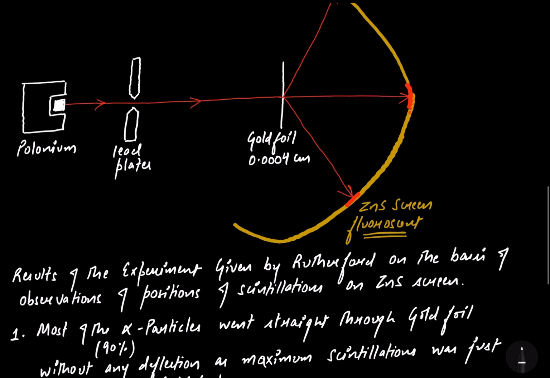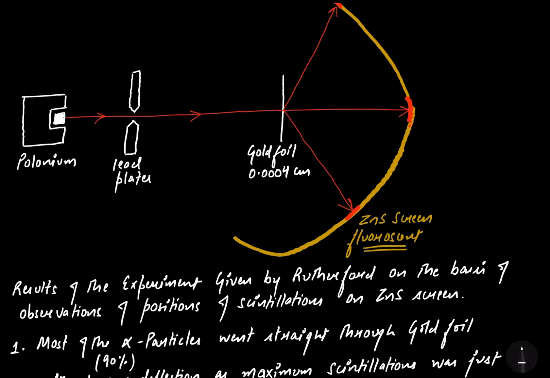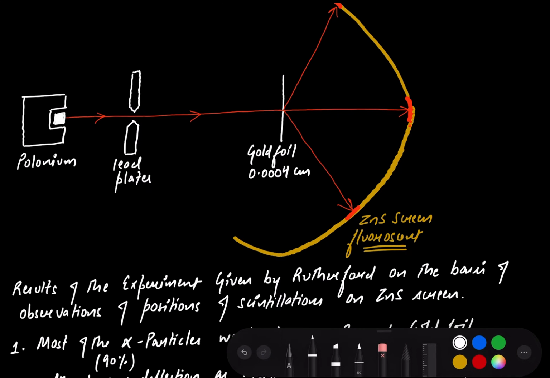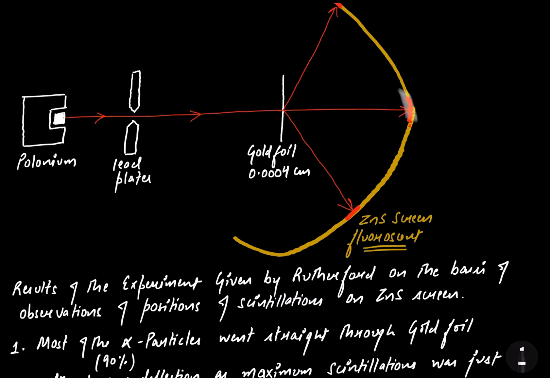Now, which scintillations? Please look at the diagram, as most of the scintillations were just behind the gold foil on the zinc sulfide screen. Please do have a look. The scintillations were just behind the gold foil on the screen.